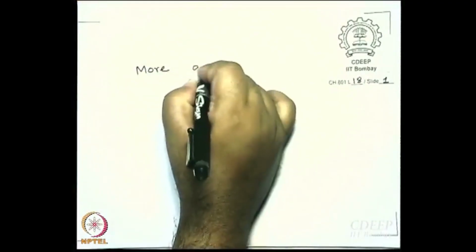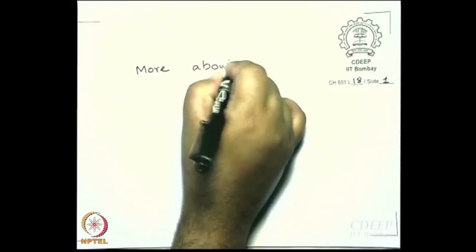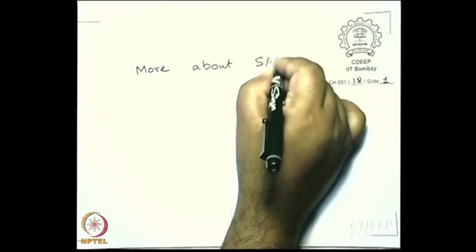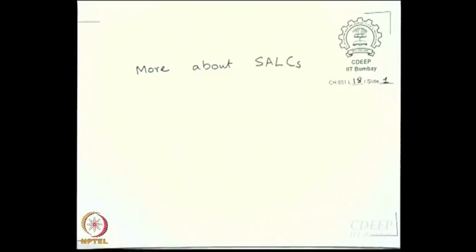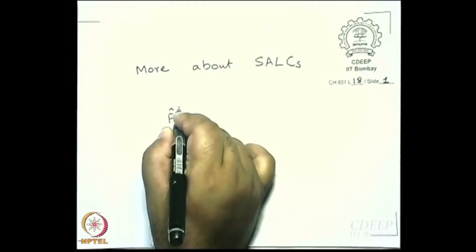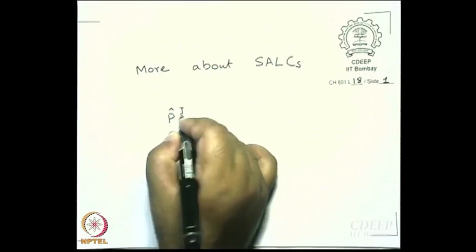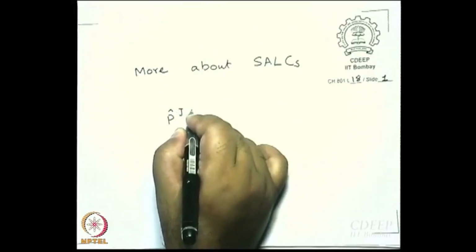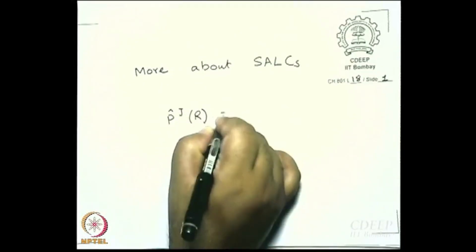Is more about SALCs. What is the projection operator? How did we write it? P^j, right? P^j, then R is equal to what?